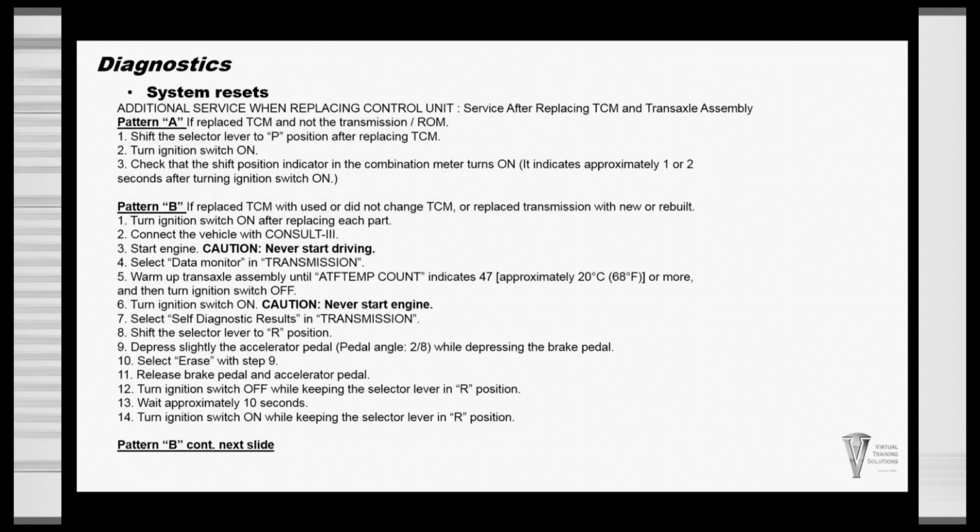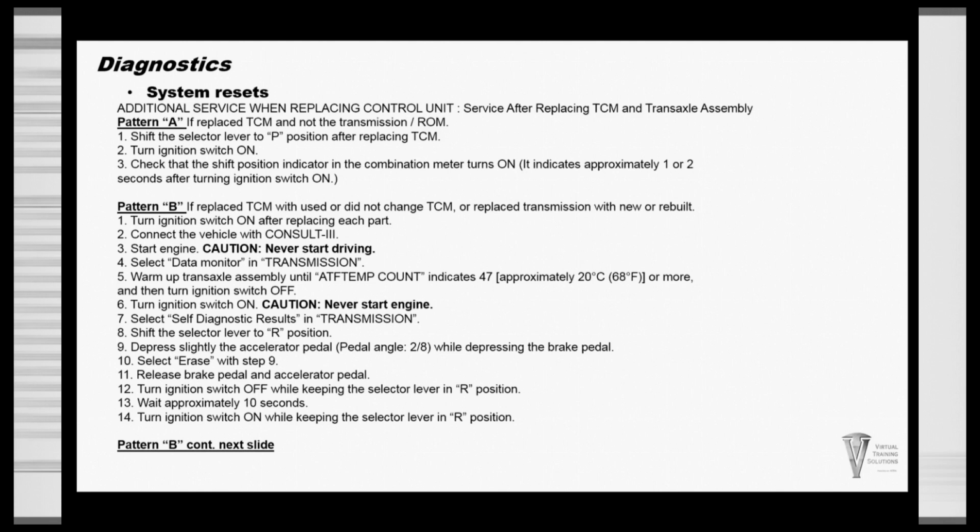So pattern A, if the TCM and not the transmission ROM was changed. If we just replaced the TCM, this is what we need to do. Shift the shifter lever to the park position. After replacing the TCM, turn the ignition key to the on position. Check that the shifter position indicator on the combination meter turns on.